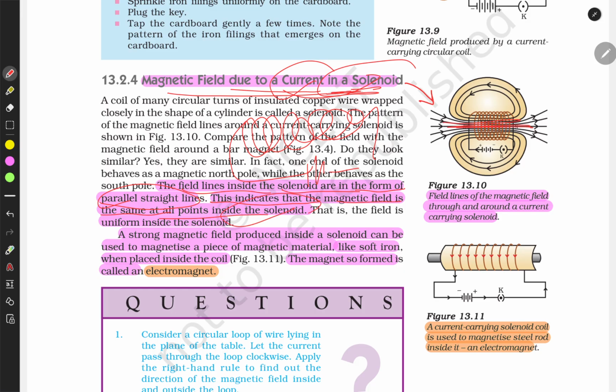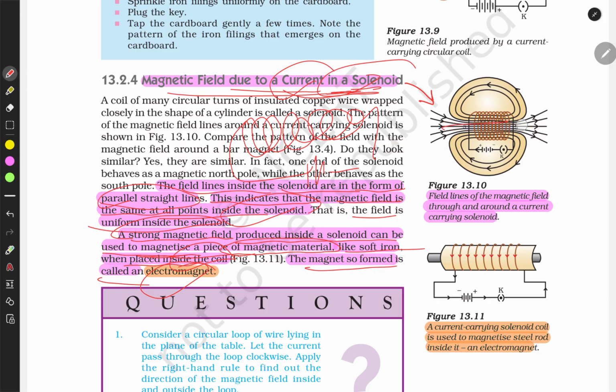So there is a high density of parallel lines inside a solenoid, and the field is uniform. The strong magnetic field produced inside the solenoid can be used to magnetize a piece of magnetic material like soft iron. When placed inside a coil, the magnet so formed is called an electromagnet.